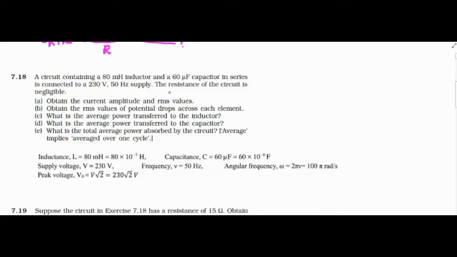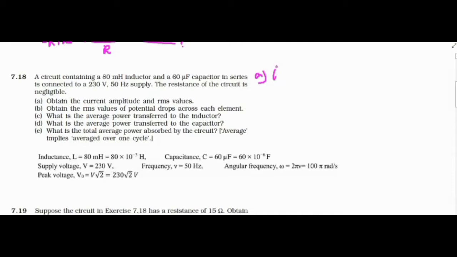Now, what are the quantities to be calculated? First, part A. Obtain the current amplitude and RMS value. So you need to calculate peak value of current and RMS value of current.